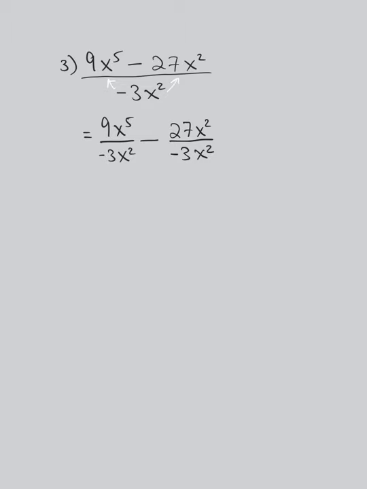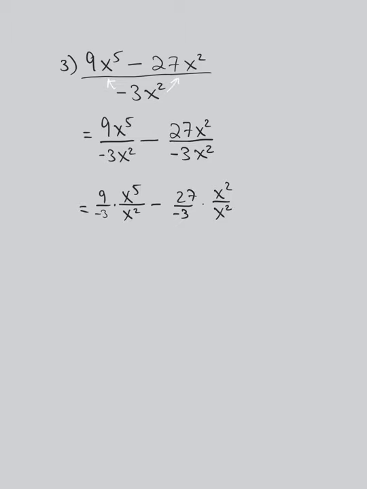Like that. Okay. Now let's handle that first one first. So we have 9 over negative 3, and we have x to the fifth over x squared. Okay. Like that. And then we have minus 27 over negative 3 times x squared over x squared.